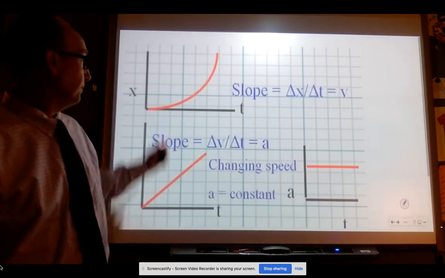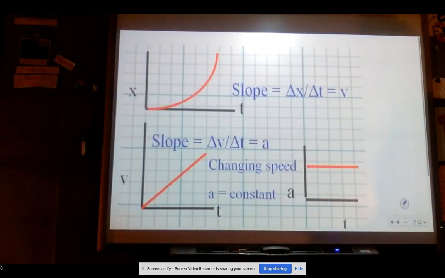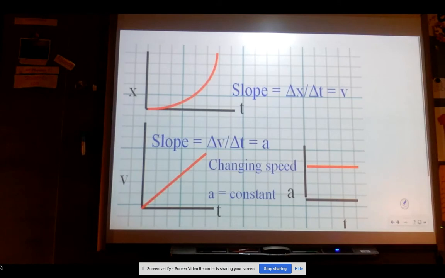Something that's speeding up, on the position time graph, is going to have a steeper and steeper line. If it's constant acceleration on the velocity time graph, it would just be a straight line. The slope of that line would give you the acceleration.